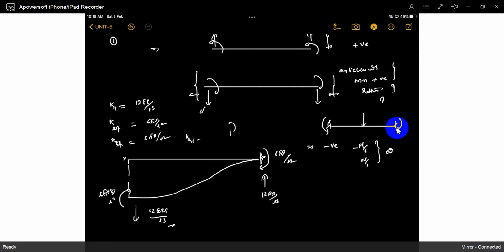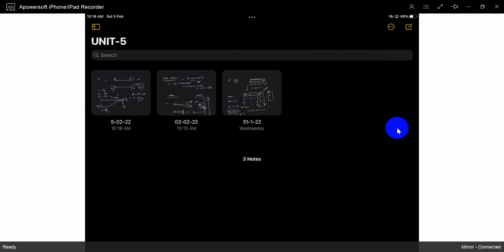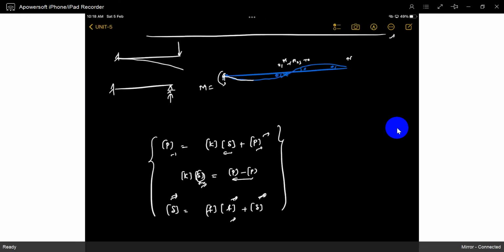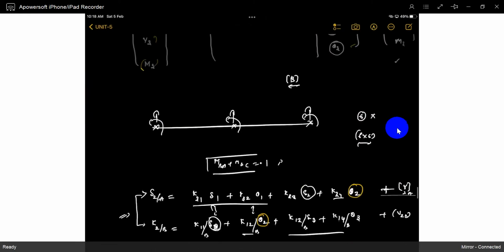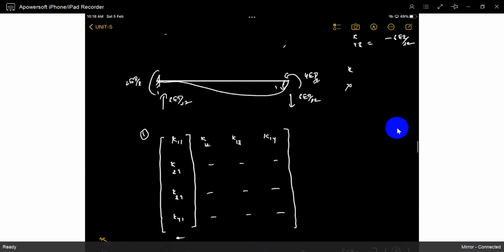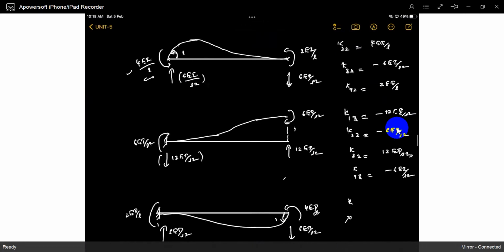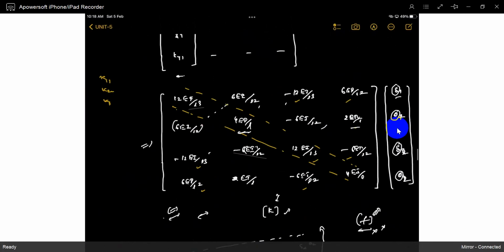K41 is negative, that's it. If you see the previous class also, these values are exactly the same. Are you understood? So the stiffness matrix doesn't change.